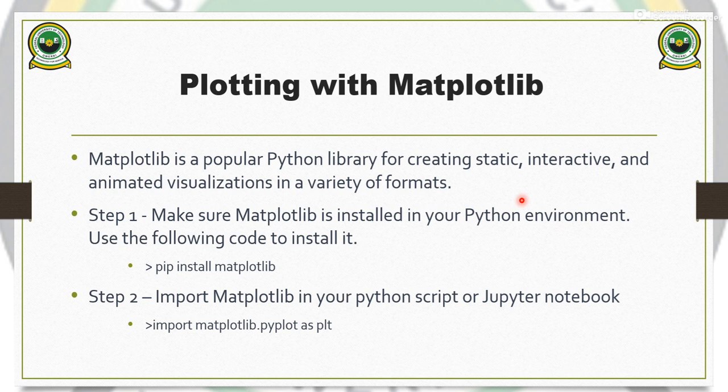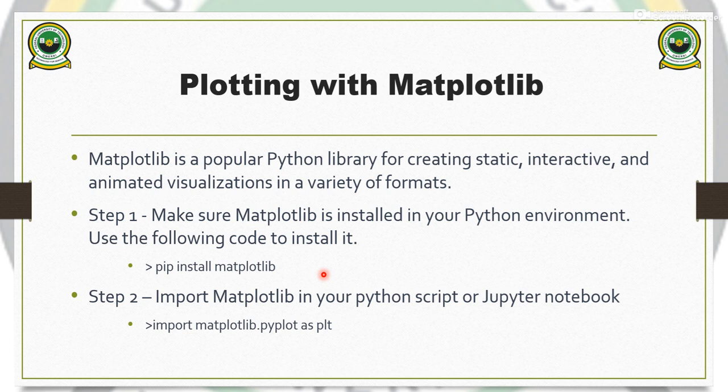To ensure that it is installed, we need to use pip install matplotlib, or if we are using the conda distribution of Python, we can use conda install matplotlib. You just come to your command prompt and type this, and then the library will be installed for you. The next step is to import it inside of your project.